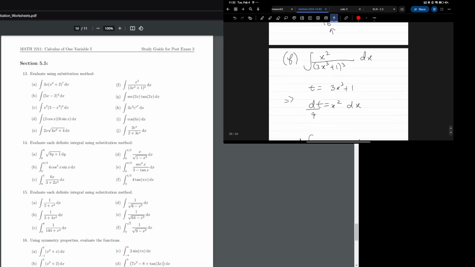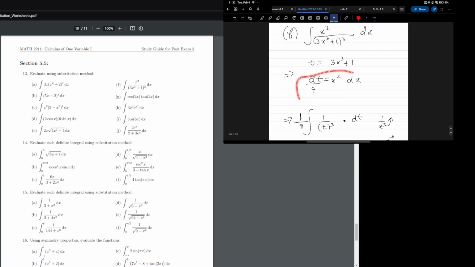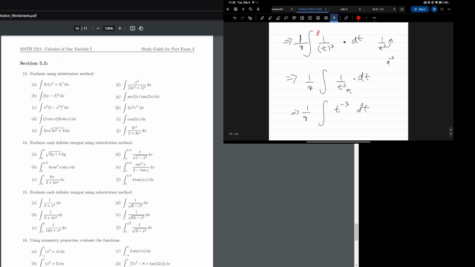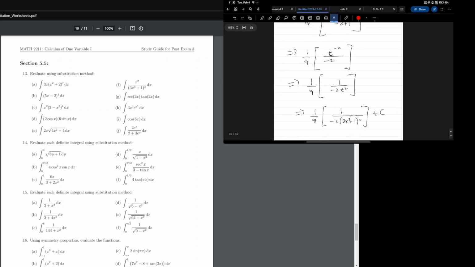All you have to do is guess what to take the substitution as, do the substitution, make an arrangement to get rid of the other stuff, and then substitute things. Then you'll get a much simpler thing to work with, and then just substitute stuff back in.